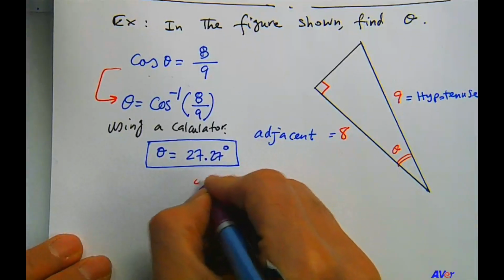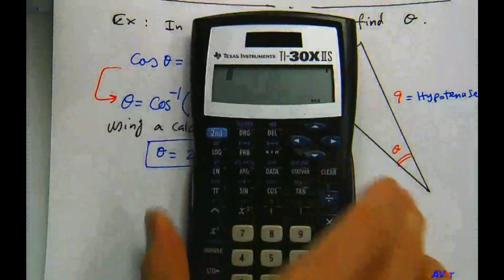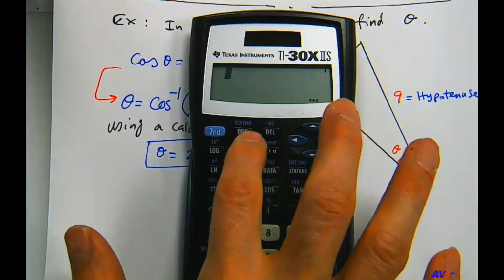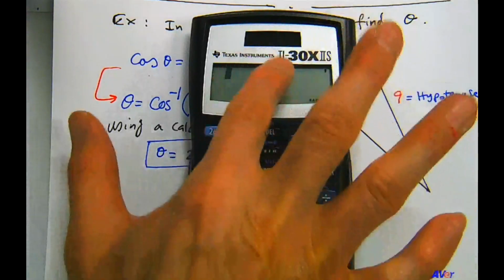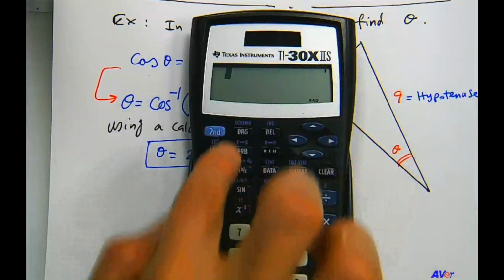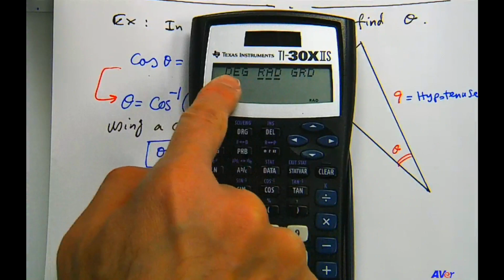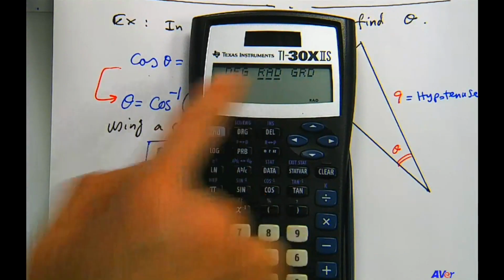or let's calculate this in radians. So let me show you again one more time. On this Texas Instruments calculator, if you hit the DRG button, it'll give you the option to calculate an angle in degrees or radians.